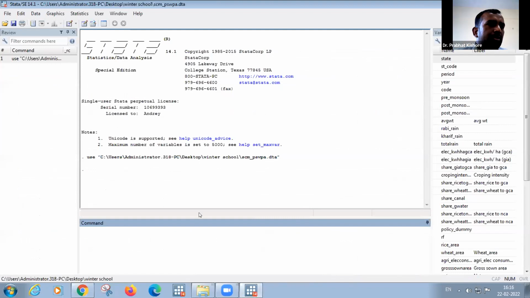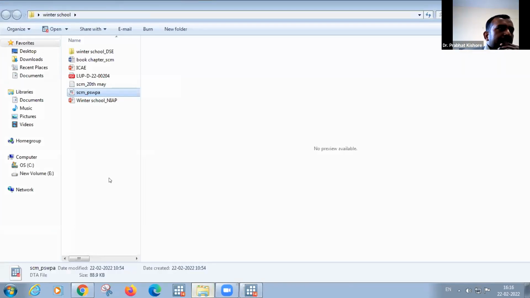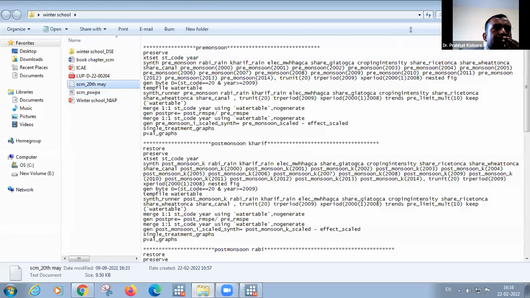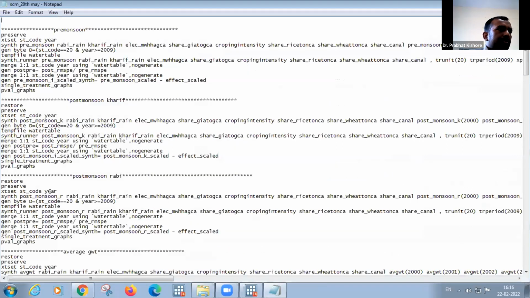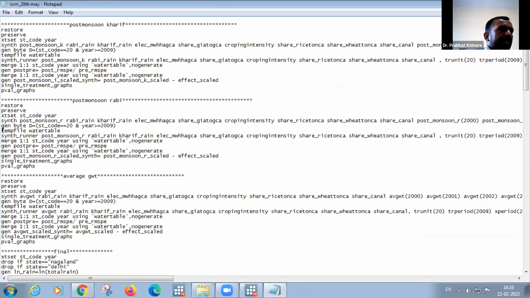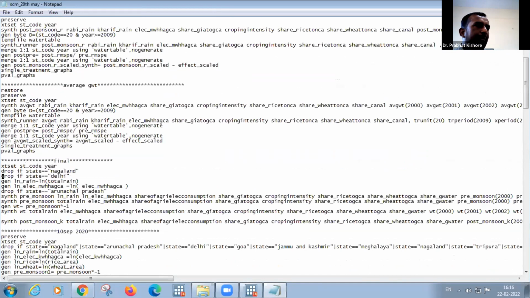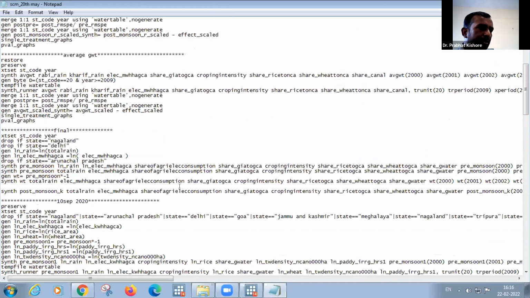Basically, we are interested in how we can implement this, whether we find it suitable, and whether this type of policy implication is there or not.